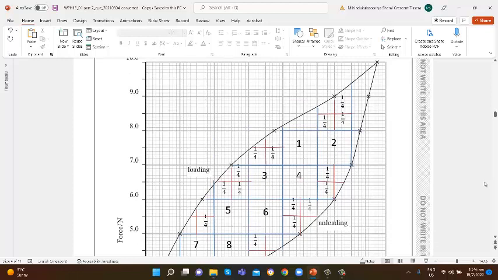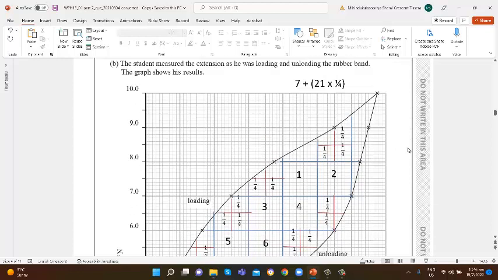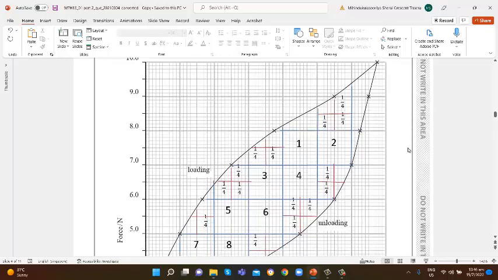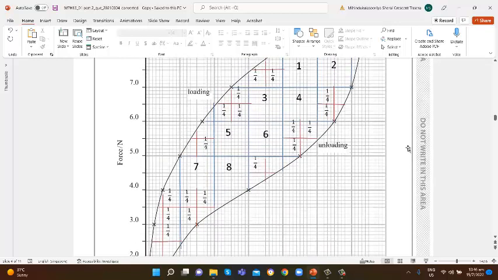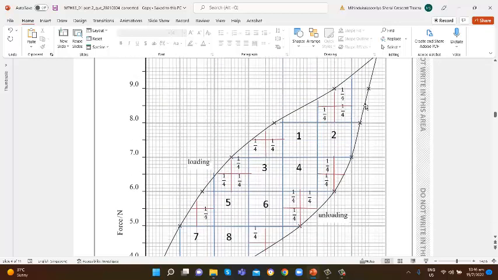Okay, it is a typical question. They will give you a graph, and you have to find the area. So I will teach you an easy way to get the accurate area. You have to divide into big squares.